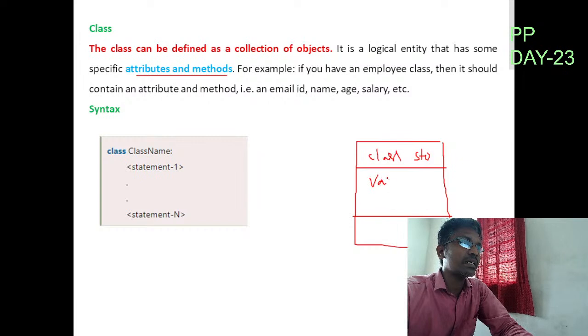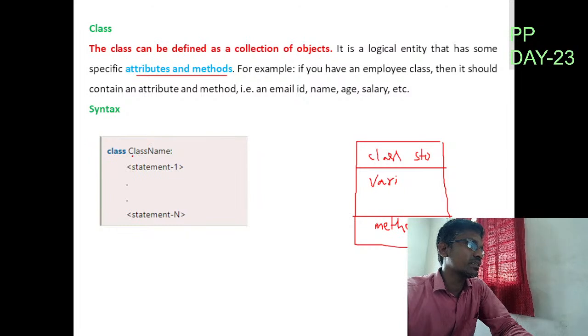So the class contains a collection of variables or attributes, and a collection of methods. That is called a class.